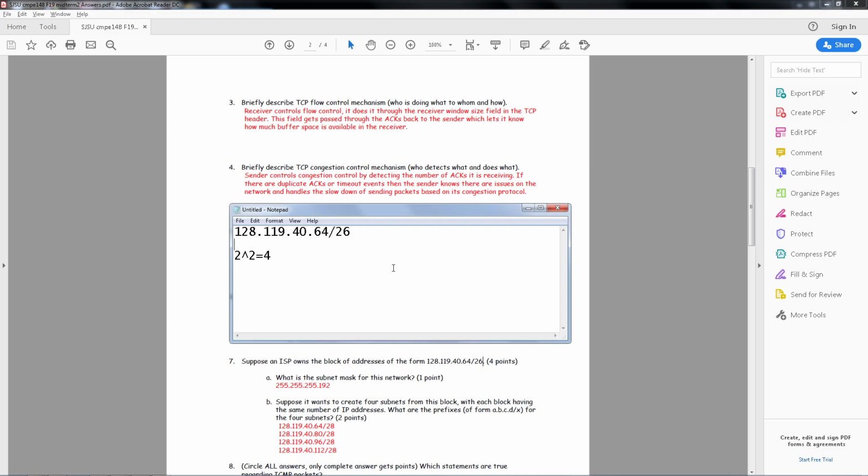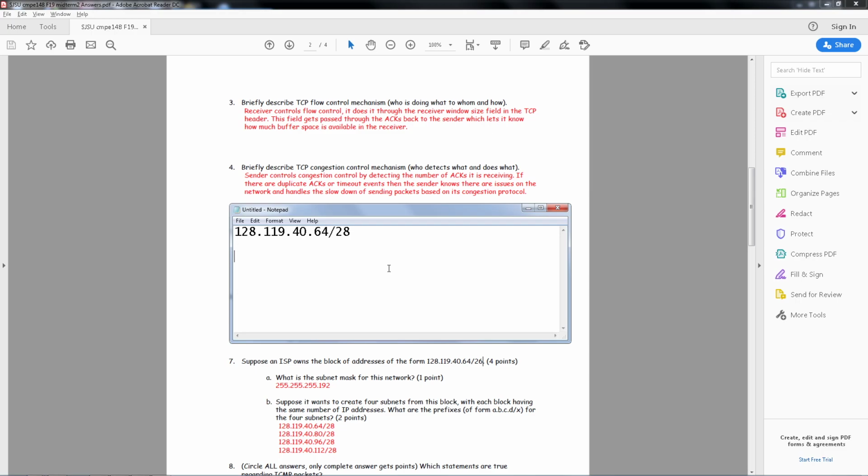So that means that to create the subnets, we must take 2 of the host bits and tack them onto the mask. Yeah, you're taking away 2 of the host bits. I apologize.